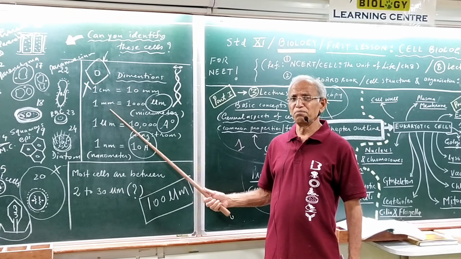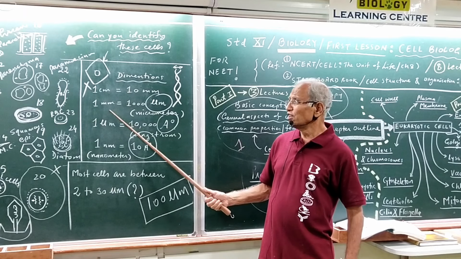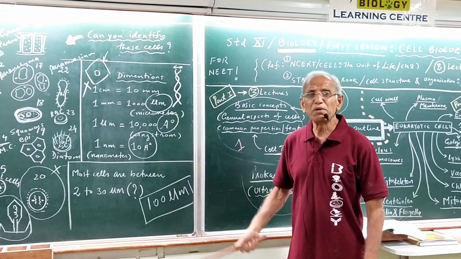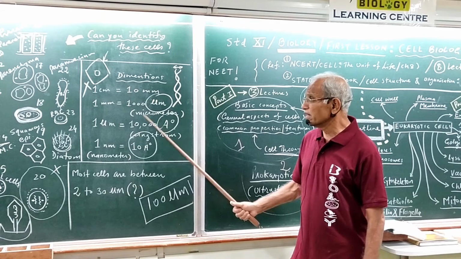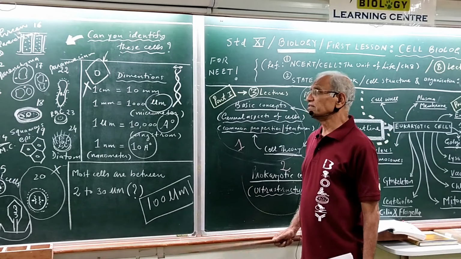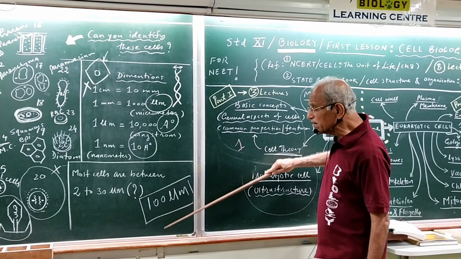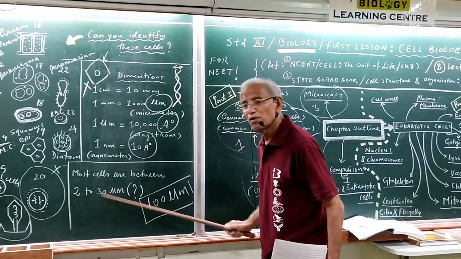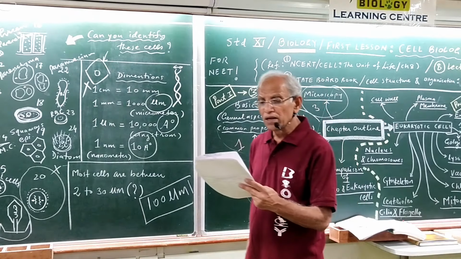Not all of us, depending on our eyesight. 1 millimeter all of us are able to observe. But 1/10 of a millimeter, which is the size of the human egg, some of us can observe. But anything lesser than this, if something is 90 micrometers and 10 micrometers and most of the cells are very small, we are not able to observe.